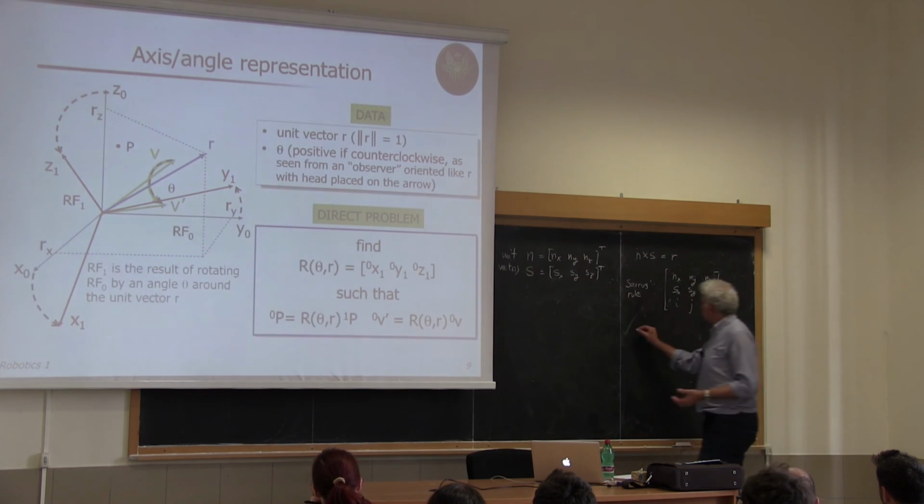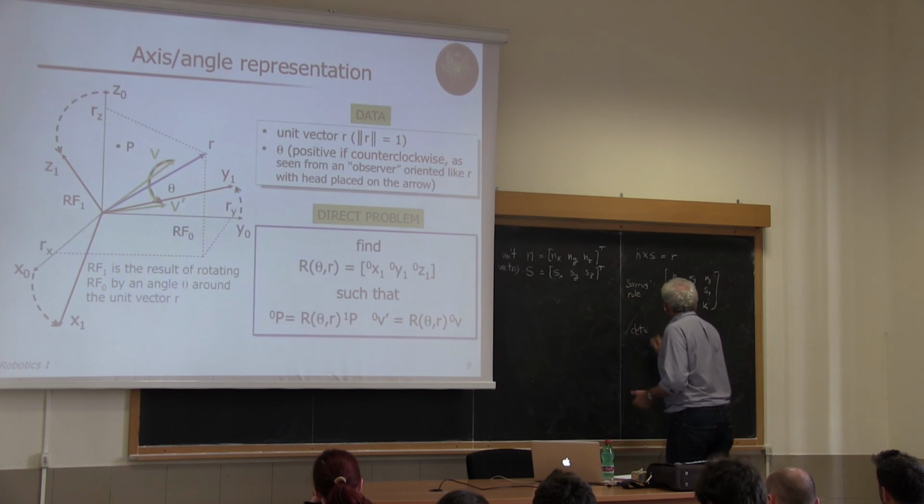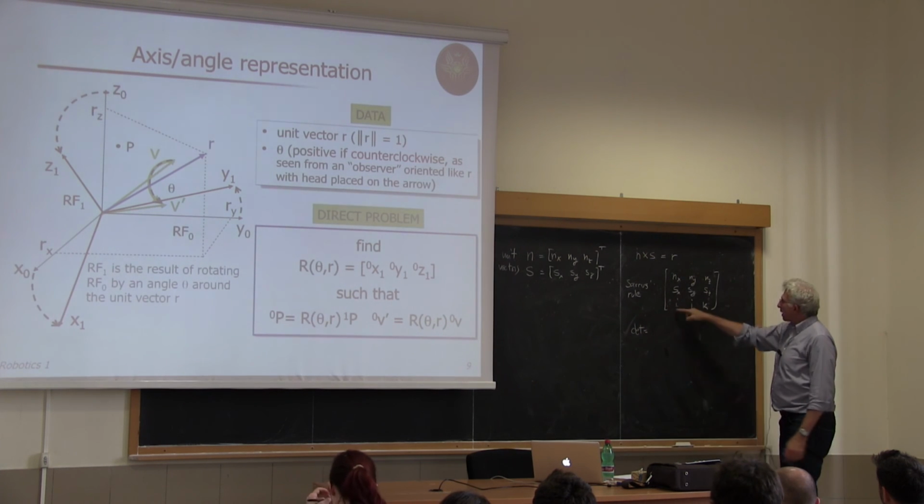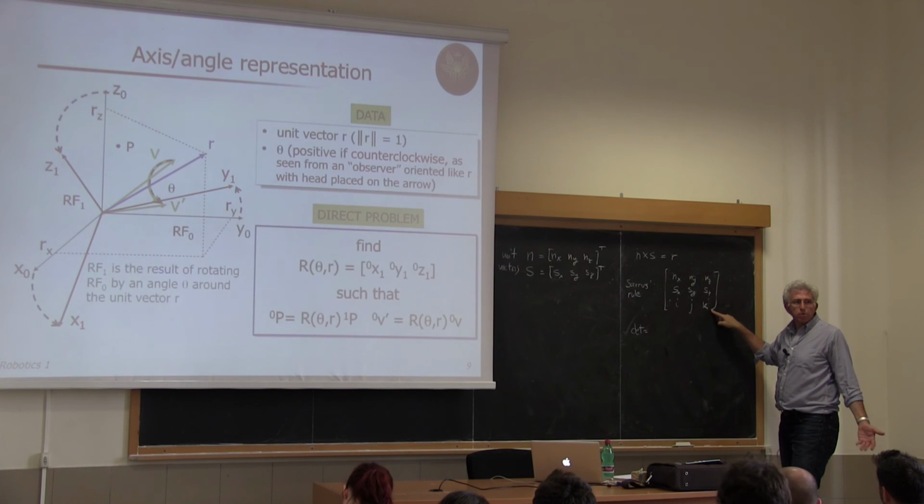So if you compute the determinant of this, you expand along the last row.